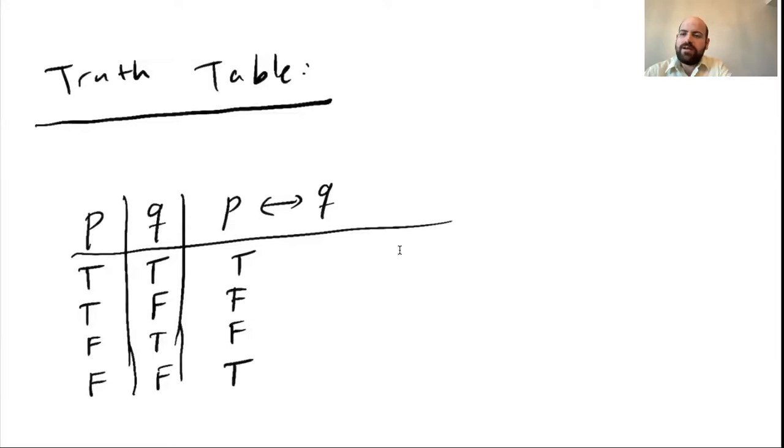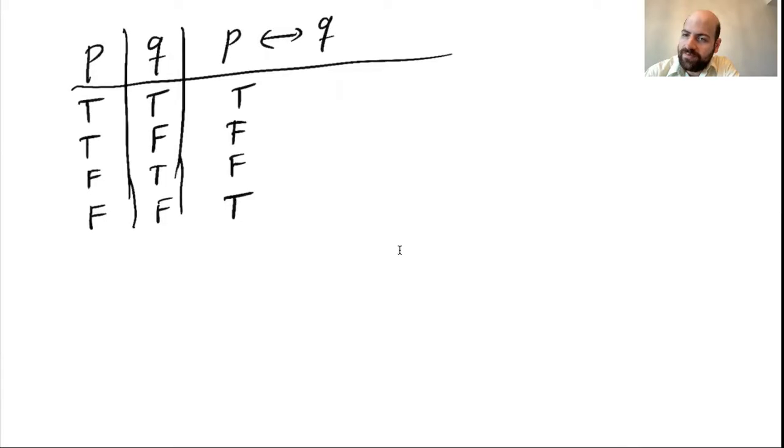Okay, so I will give you the examples. But the very first thing I want to say is an important property, a proposition about propositions.